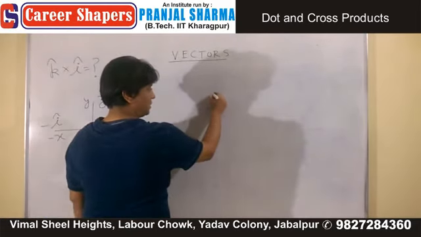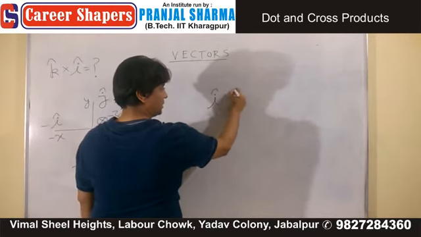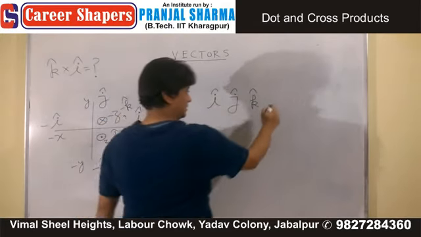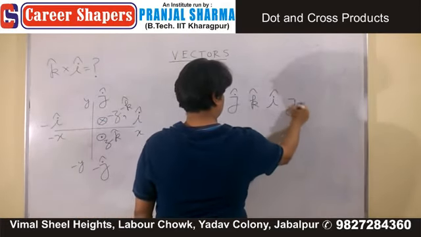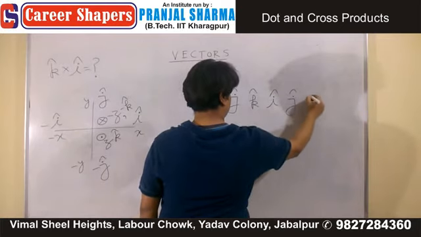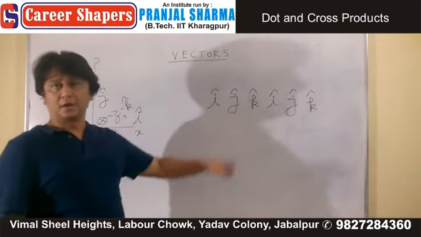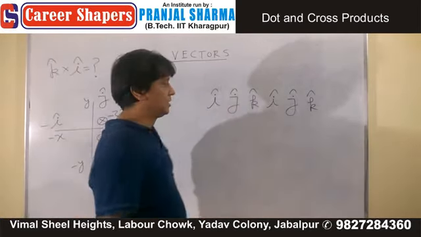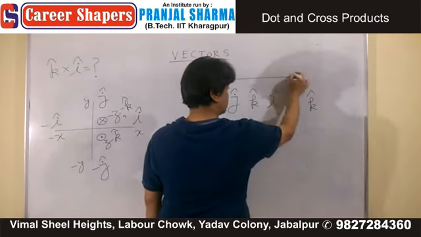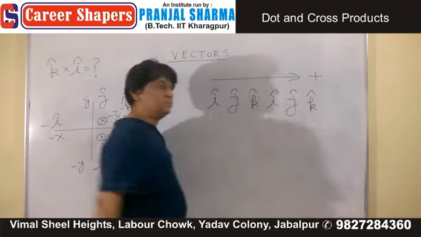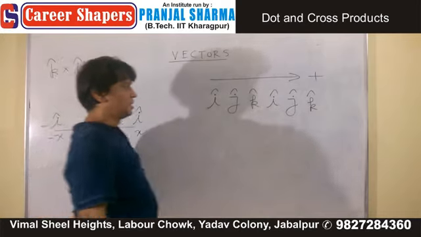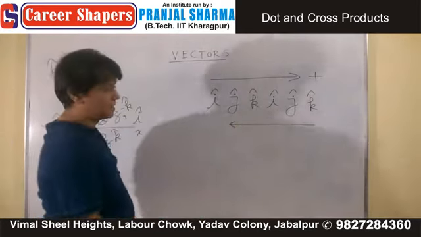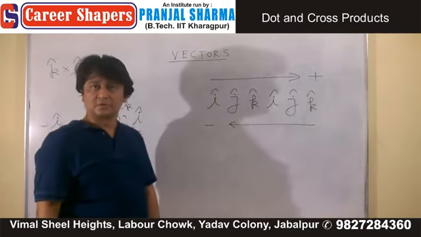Write down I, J, K twice. Like this. I, J, K, I, J, K. X, Y, Z, X, Y, Z. If you are moving in this direction, you will get positive things. If you are moving in this direction, you will get negative things.